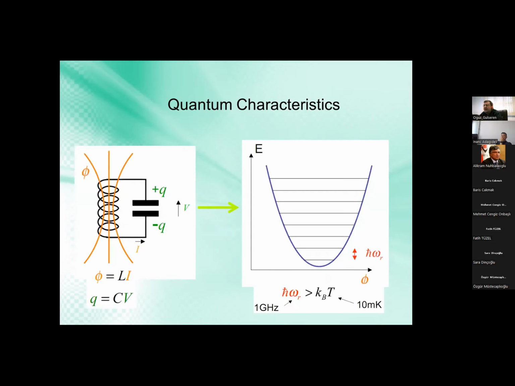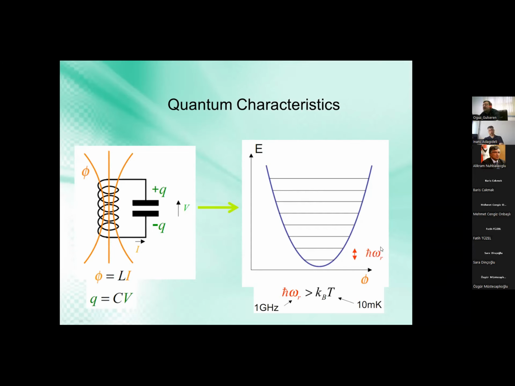So I'm just skipping the algebra here. It behaves like a quantum harmonic oscillator. That means we have uniform energy levels.